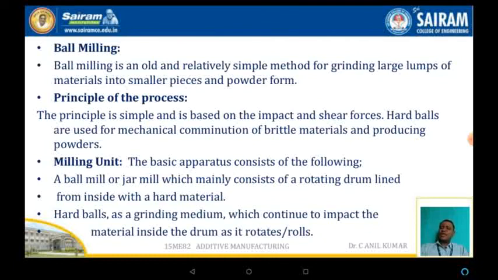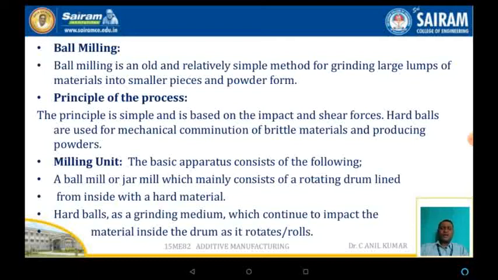Ball milling. Ball milling is one of the oldest and most highly adapted technologies for alloy components. Ball milling is a relatively simple method when compared to the other processes.